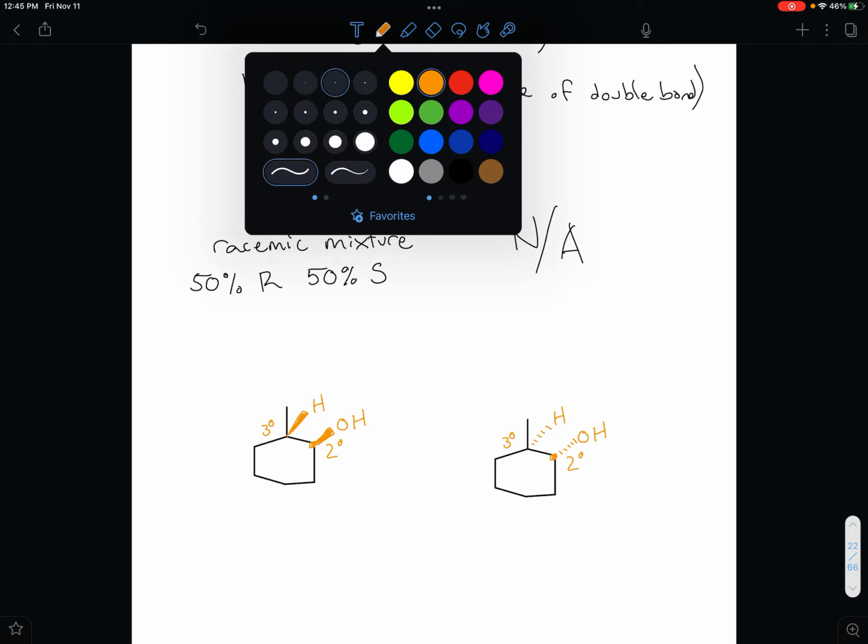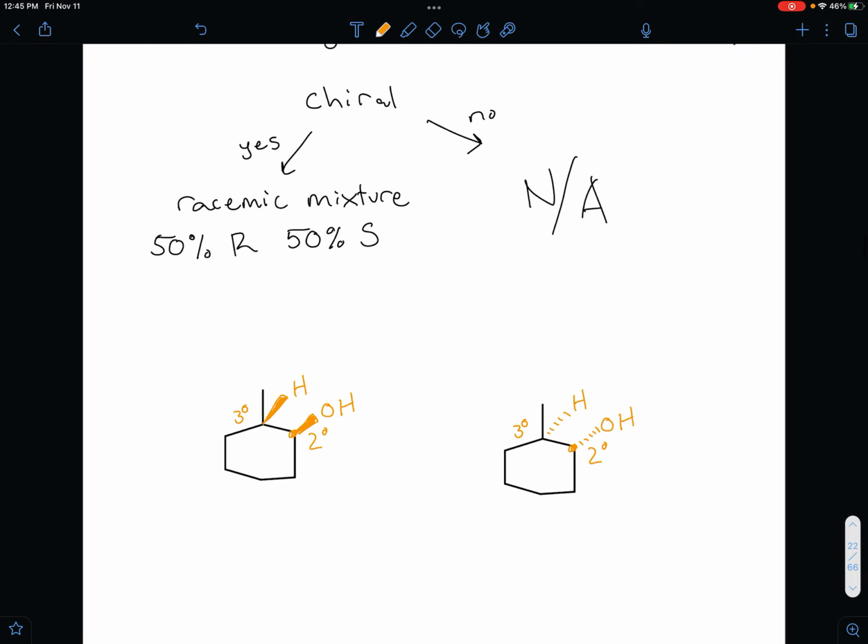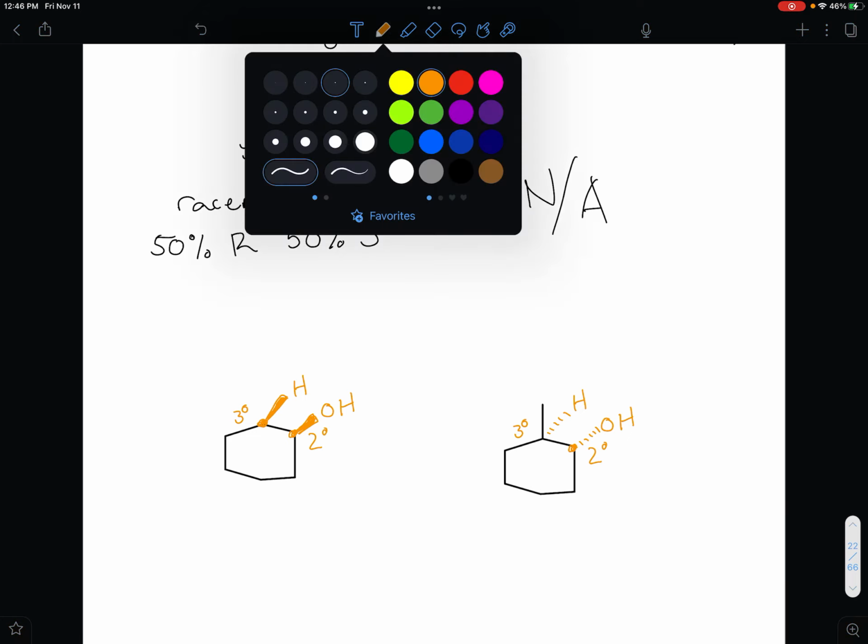Now, because these carbons are all tetrahedral, if you do have this hydrogen, for example, coming out at you, then that means that another bond is going to be going away. You could technically choose whichever bond you want to be going away, right? Because in tetrahedral carbons, you'll always have two bonds in the plane, one coming out at you and one going away. The easiest one to have going away would be the methyl group.